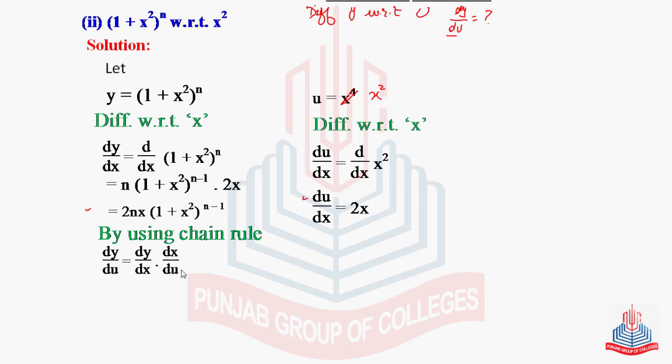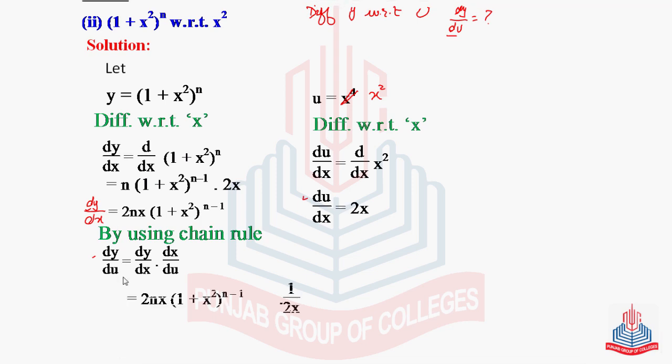Our required result is actually dy by du. So using these two derivatives in chain rule, we will calculate dy by du.